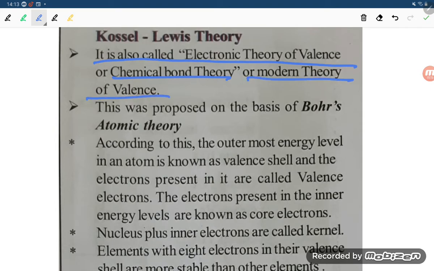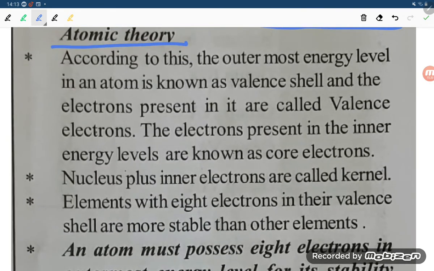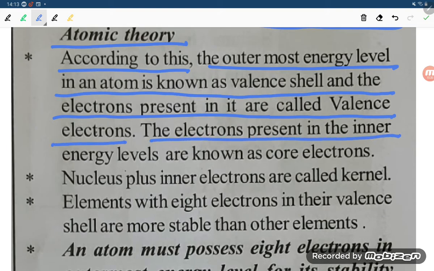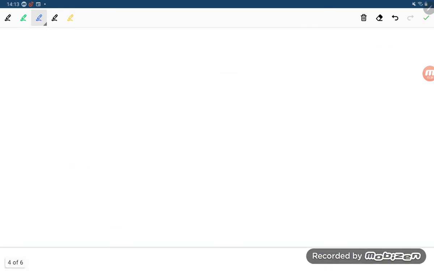It was proposed on the basis of Bohr's atomic theory. According to this, the outermost energy level in an atom is known as the valence shell, and the electrons present in it are called valence electrons. The electrons present in the inner energy levels are known as core electrons. Right, student? So let us try to understand this.